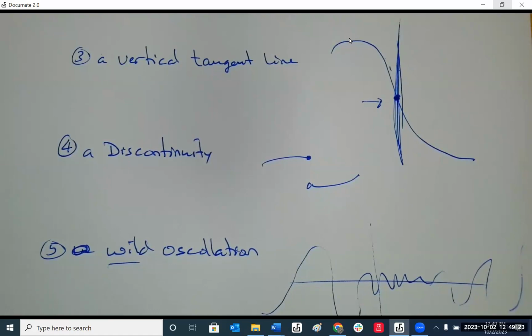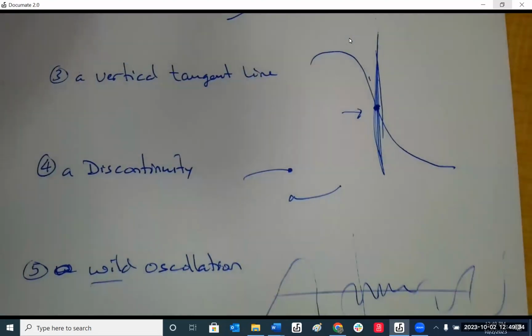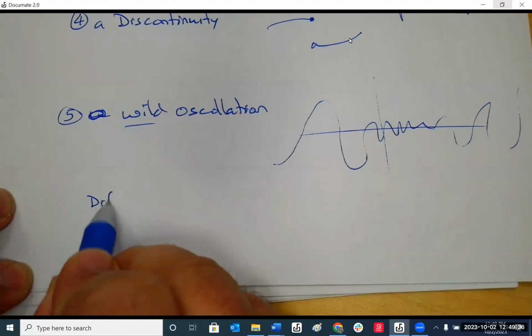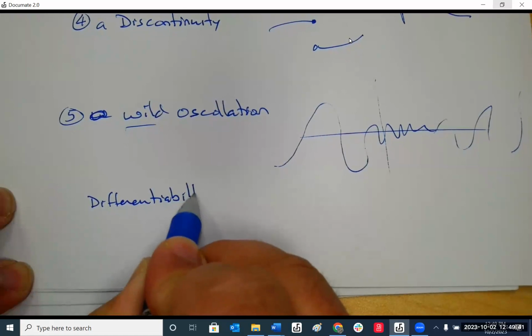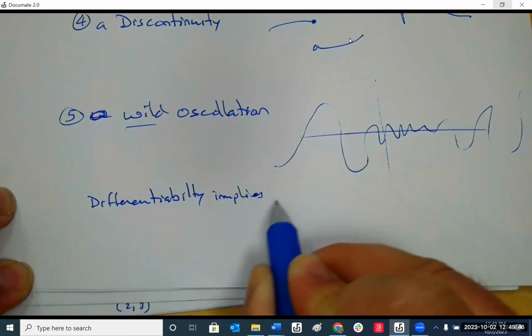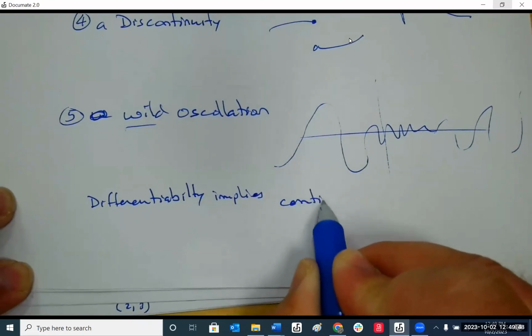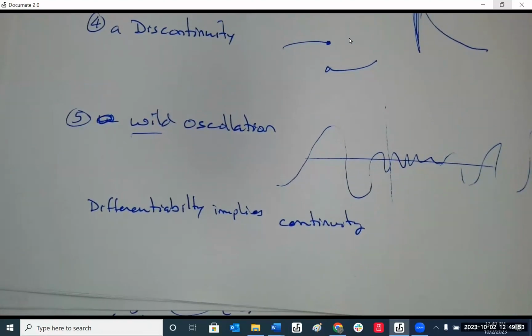As I've said before also, in order for a function to be differentiable, it has to be continuous. So differentiability implies continuity.